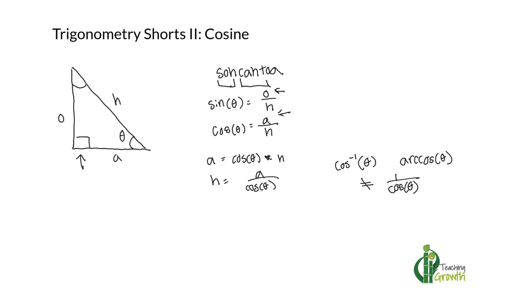Just like with sine, this can be used to solve for the angle that you're looking for. Say you're given the adjacent and the hypotenuse legs. We have our CAH, so cosine of an angle equals adjacent over hypotenuse. Once we take the inverse cosine of both sides, remember inverse and normal functions cancel out, leaving us theta on this side, and the inverse cosine remains on the other side.